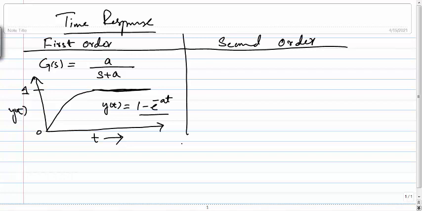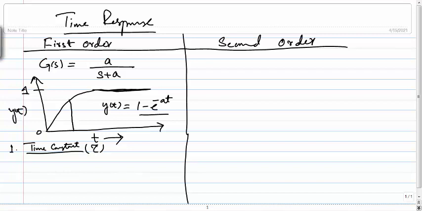So we have some parameters for first order. The first one is time constant. Time constant is represented by tau, and it is the time when the value reaches 63%.